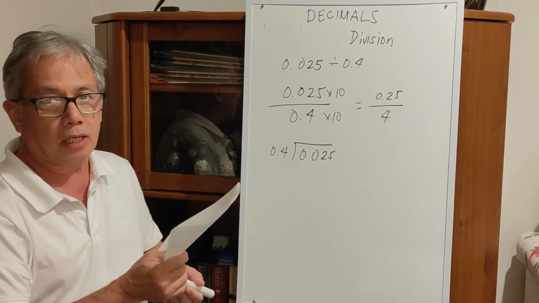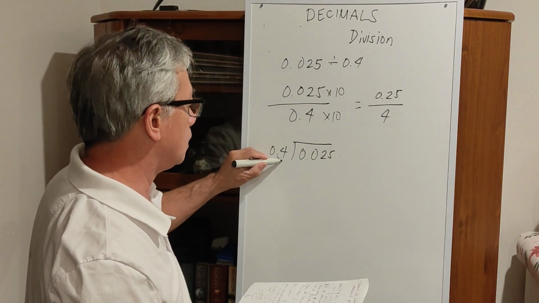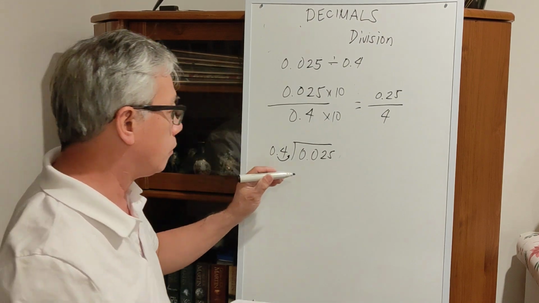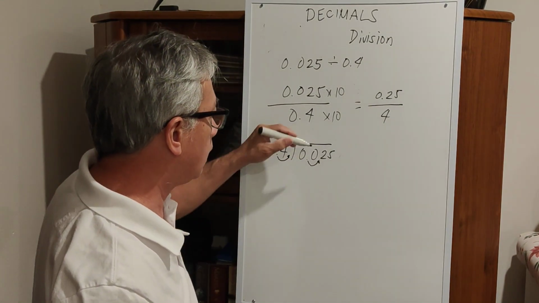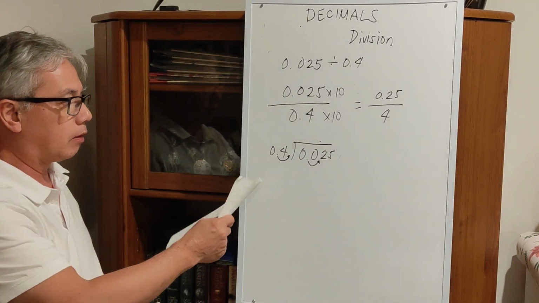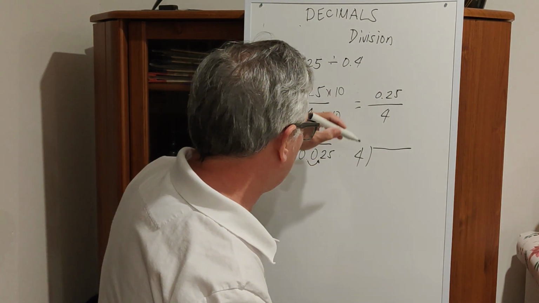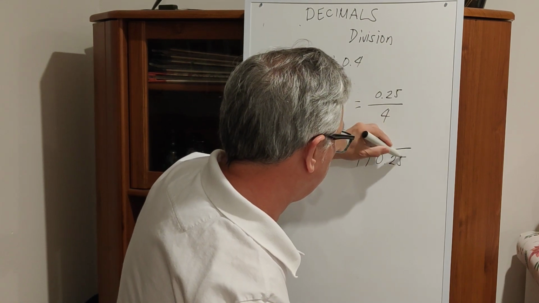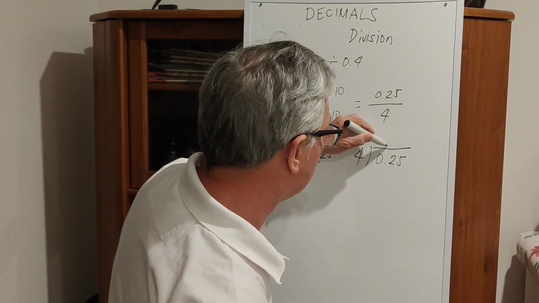But as a shortcut, we move this one decimal place to the right, so we have to move this one also one decimal place to the right, and then we place the decimal point on top. So if we rewrite this, it will become 4 into 0.25, and we put the decimal point on top.